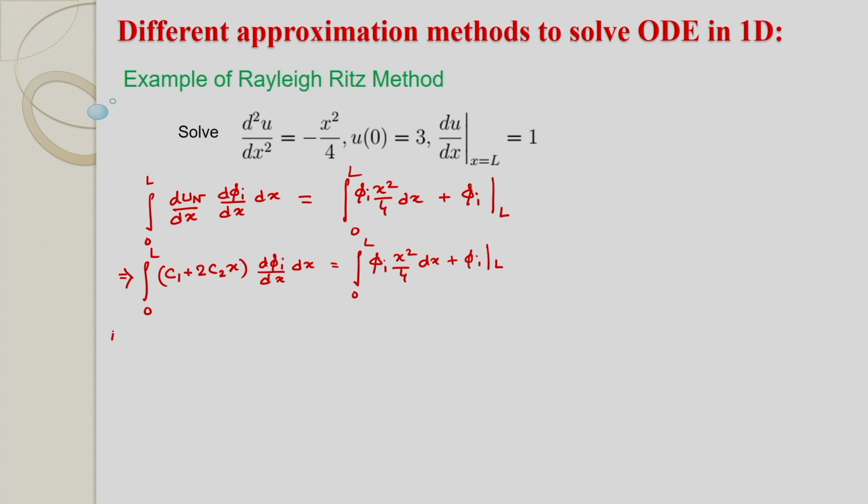Now for I equal to 1, we have phi 1 equal to x. So then we have d phi 1 dx is 1, x cube by 4, x at L.